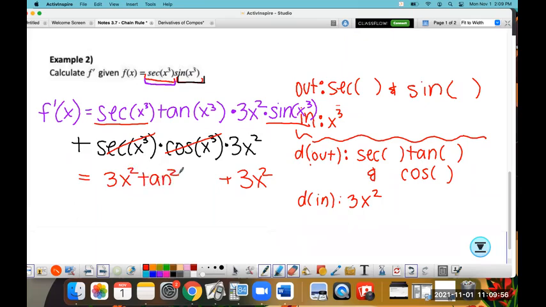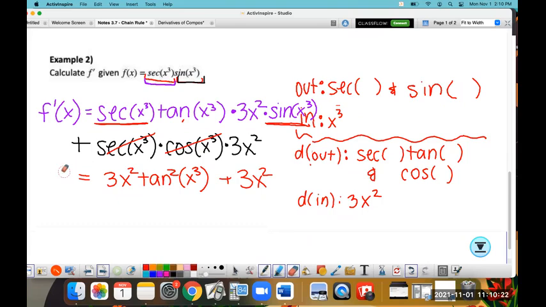How did I get this? Yeah, not a square. Oh, the tangent squared. So secant times sine is actually tangent, because that's 1 over cosine times sine, or sine over cosine. Yes. No, that's good.